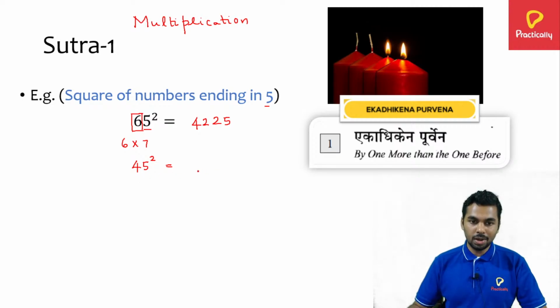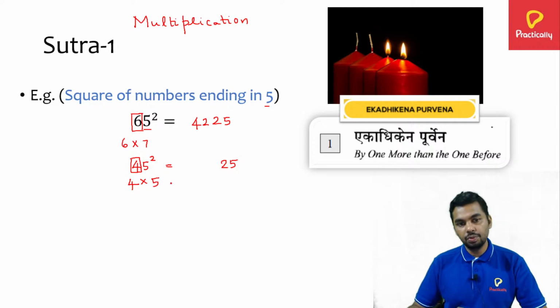45 squared, 5 is the ending digit, so you will have 25 as the last two digits. Now to find the remaining digit, you take the number 4, which I'll box here. 4 multiplied by 4 plus 1. What is 4 plus 1? It is 5.